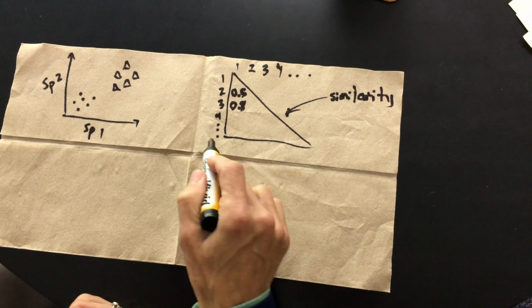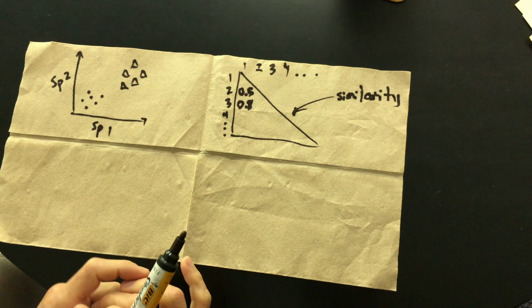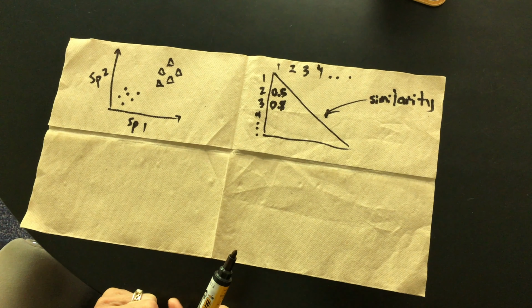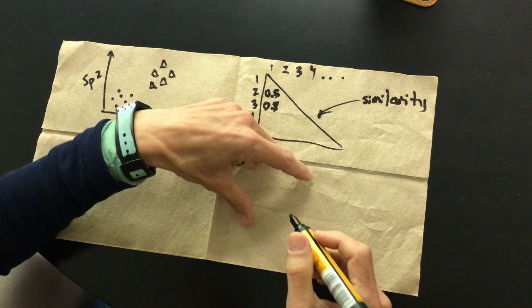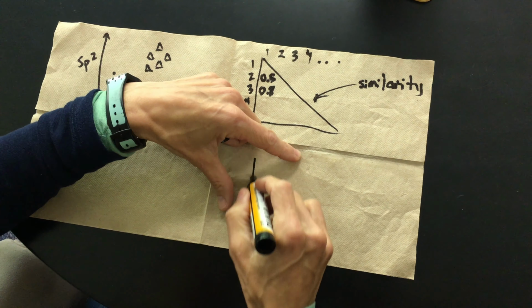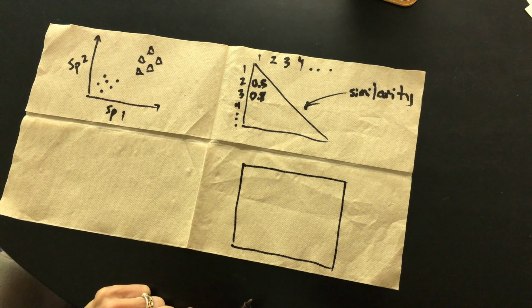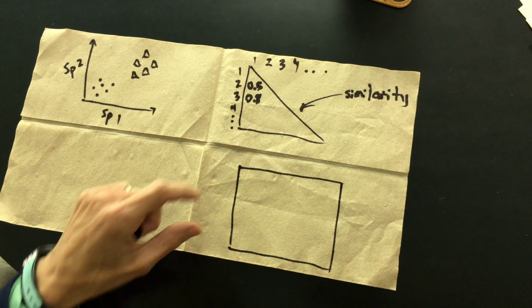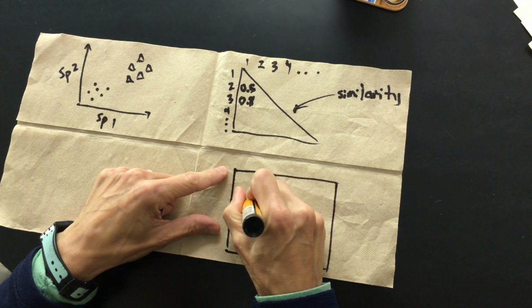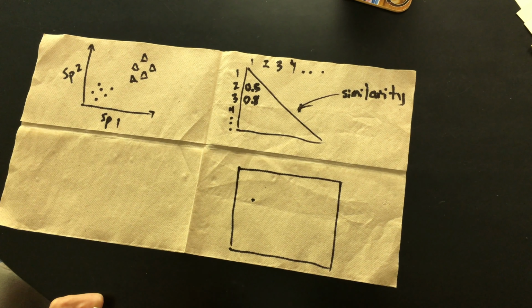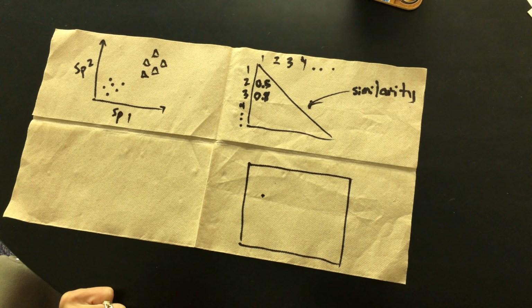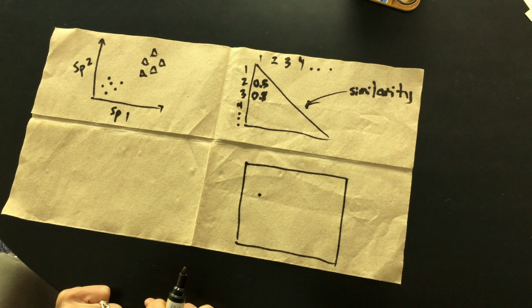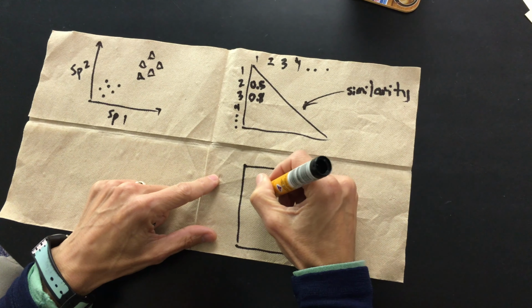From a matrix like this of similarities, you can construct a map in 2 dimensions that shows you something about how similar the sites are. I can take the first point, let's say it's site number 2, and put it on my map. This might be a site where there's fishing allowed. Then I can say, oh, there's another site where fishing is allowed, and it's quite similar to this one.